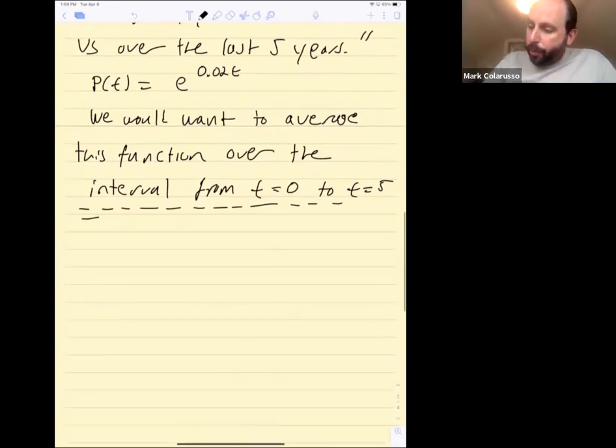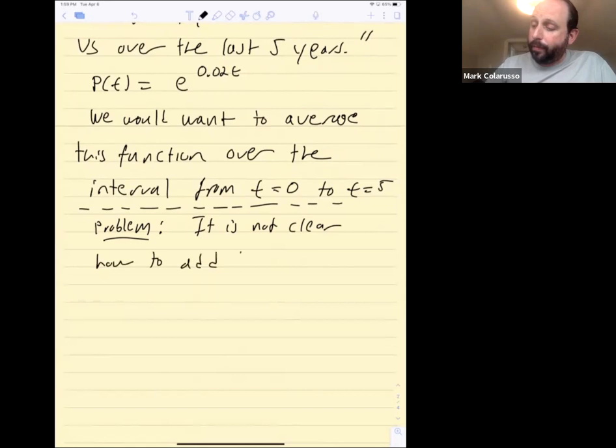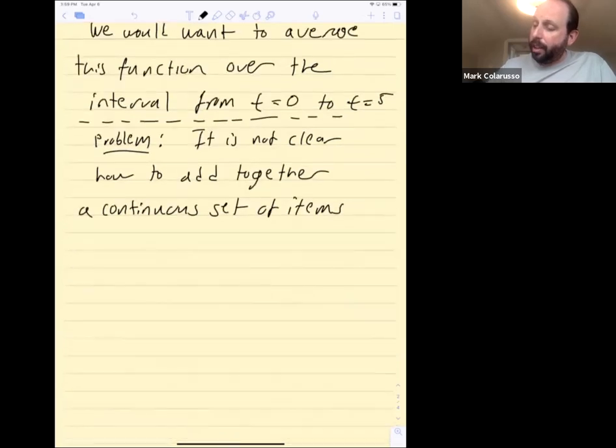Okay, so the problem here is that it's not clear how to add together a continuous set of numbers to find an average.